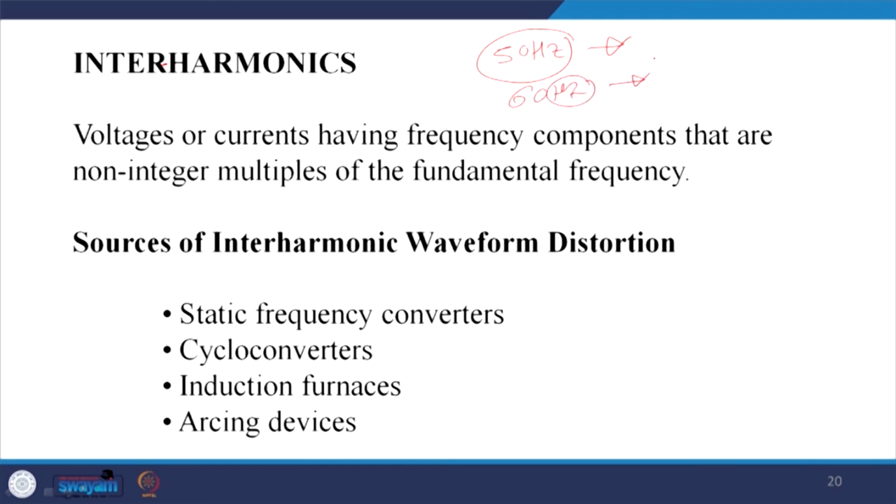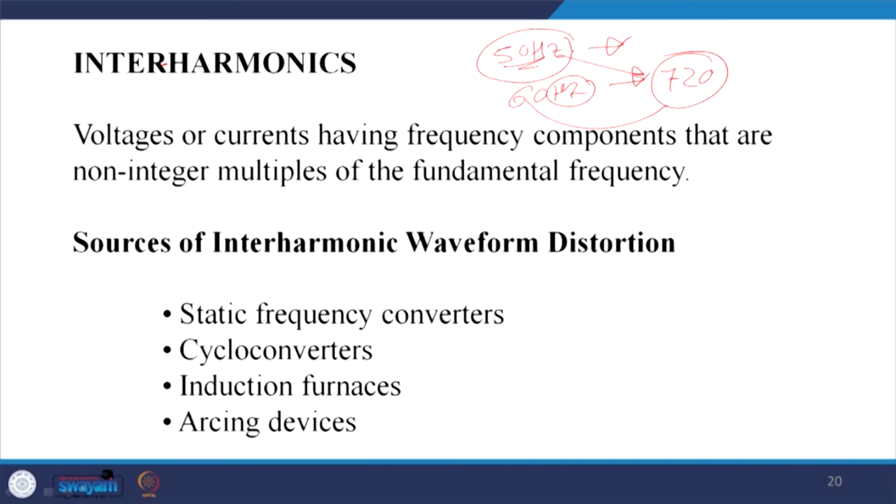Maybe you have taken an imported device from the USA whose carrier frequency is 720 hertz. That is quite acceptable, because it is a harmonic of 60 hertz. But when the same device is run on a 50 hertz system, then you will have this problem.